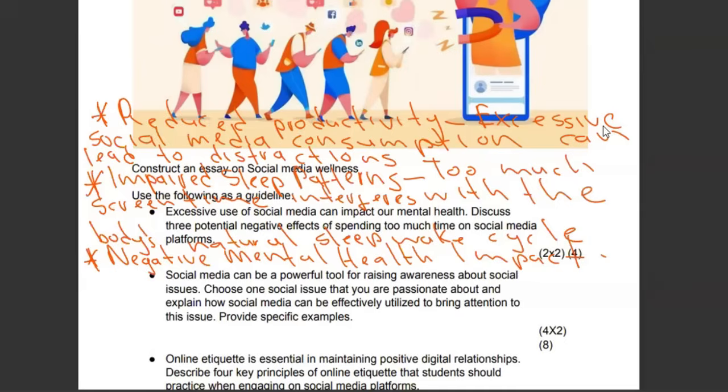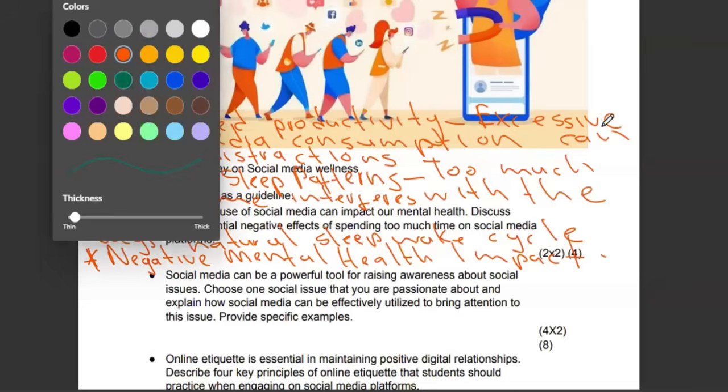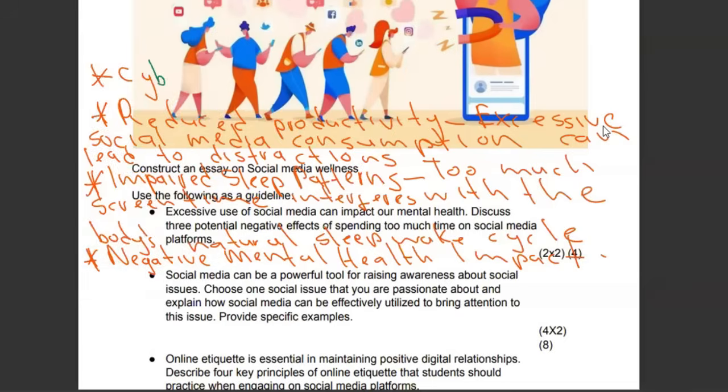Then in addition to that, there are also cybersecurity concerns through the consumption of too much social media.